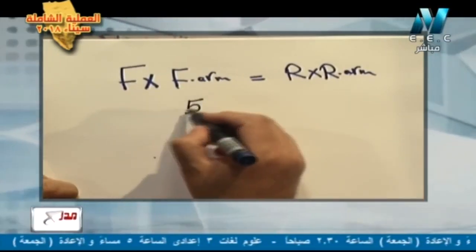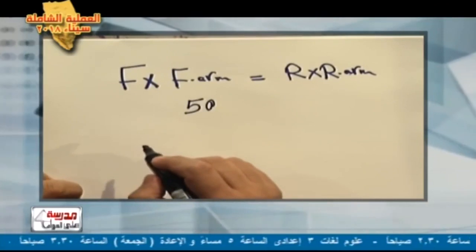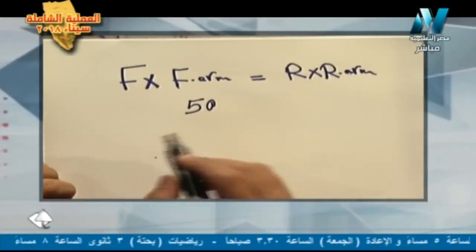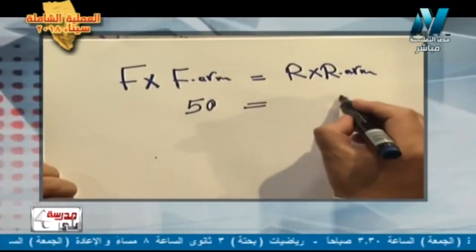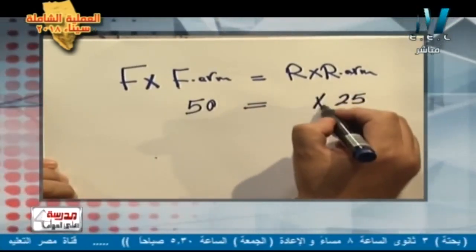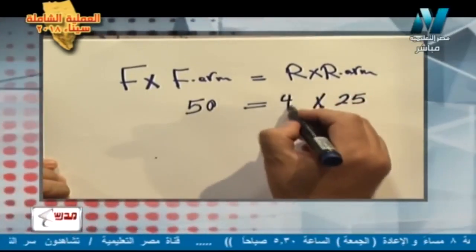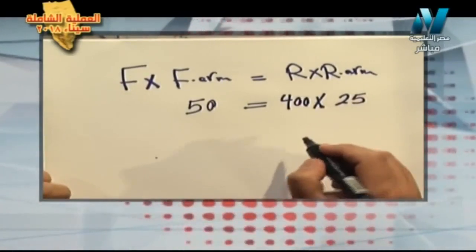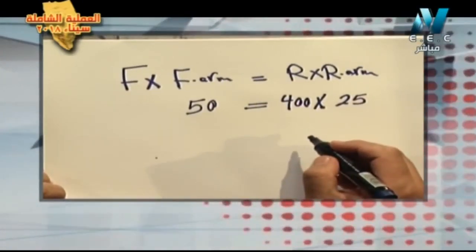We return to the problem again to get the values from it. The force arm is 50 centimeter and the length of the resistance arm is 25 centimeter. If the value of the resistance is 400 Newton, calculate the value of the effort force and mention the type of lever.